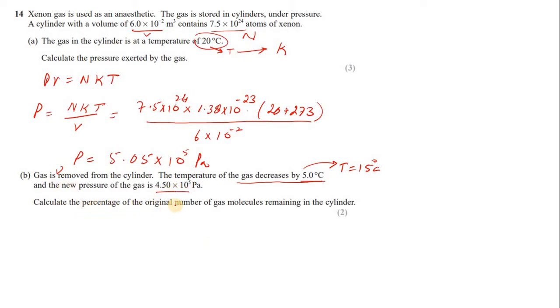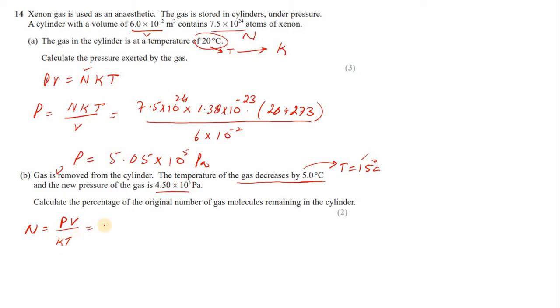Calculate the percentage of the original number of gas molecules remaining in the cylinder. So we need to find the percentage of the remaining molecules. First we find how many particles remain at that temperature after removal. We use the same formula, N is equal to PV upon kT.